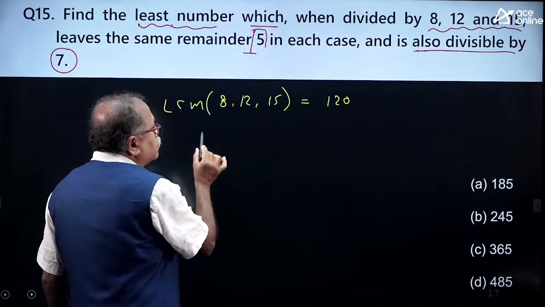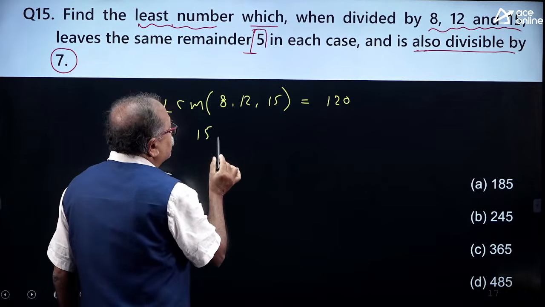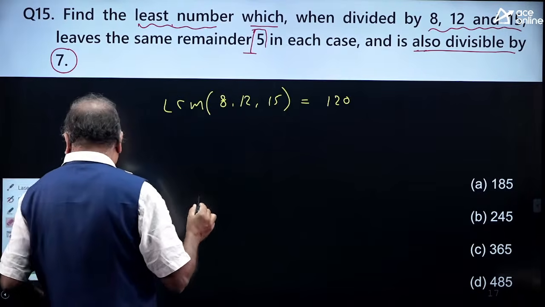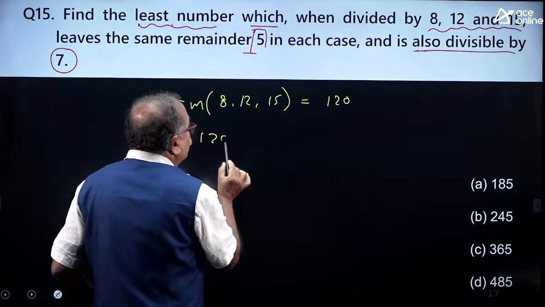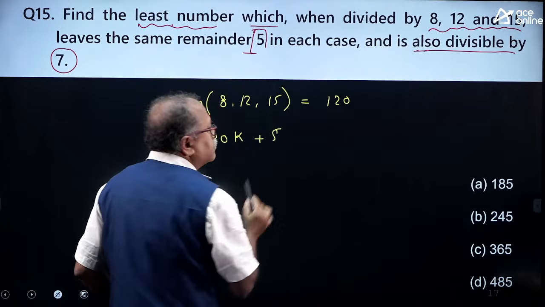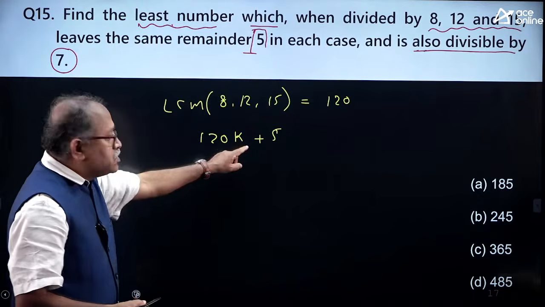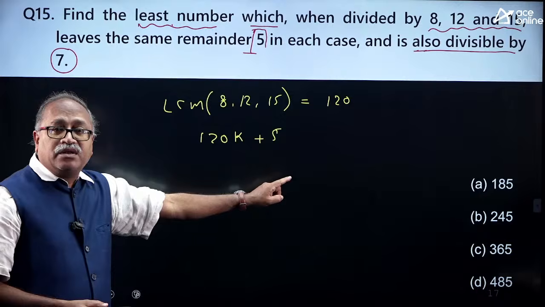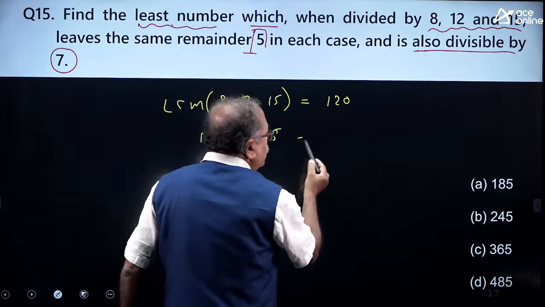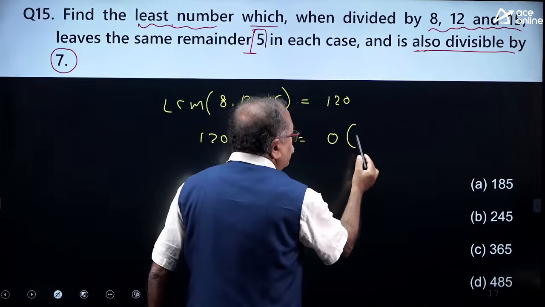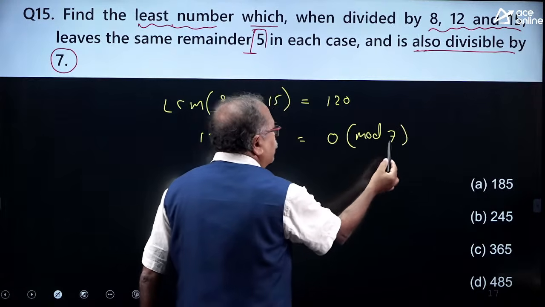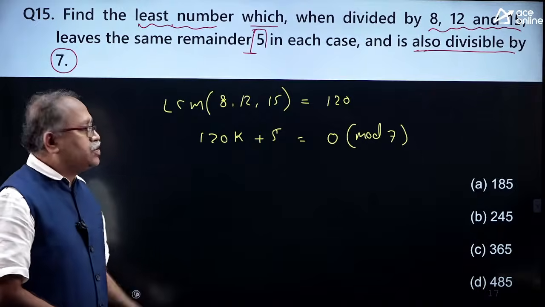That means the number should be in the form of 120k plus 5, and this number should be divisible by 7. That means the remainder should be 0. That indicates that this is 0 mod 7. When divided by 7, the remainder of this number should be 0.